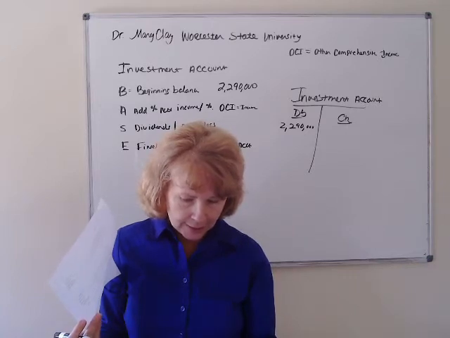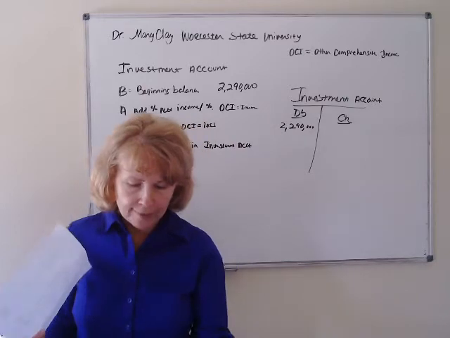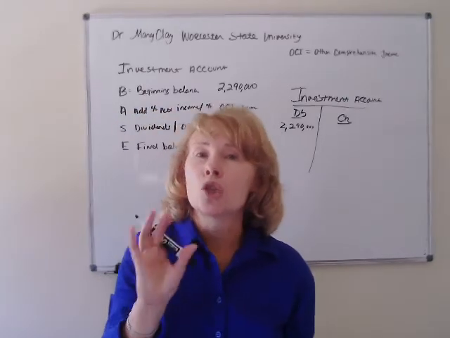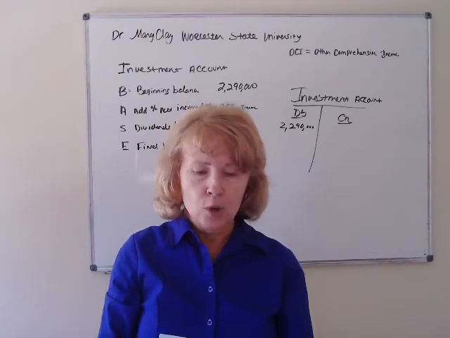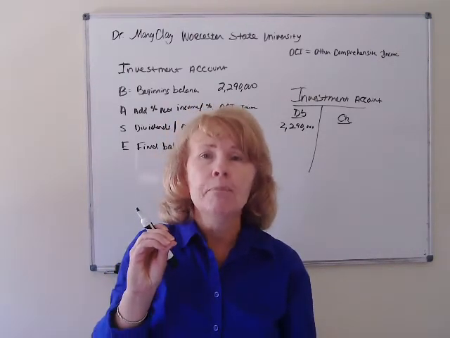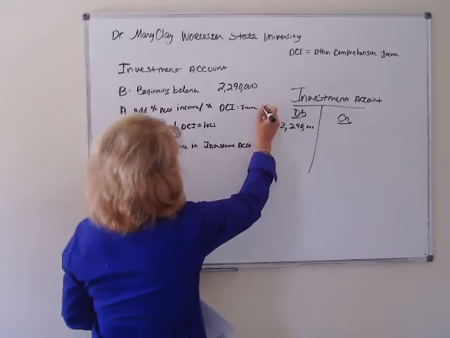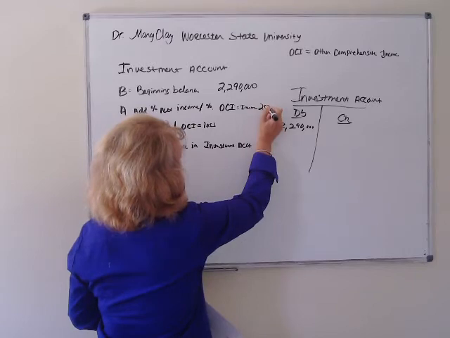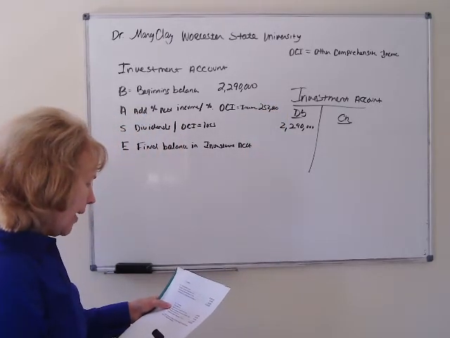Steel reports 720,000 of net income. Stop. They only own 35%. So you're going to take 720,000 and multiply it by 35%. When you do, that gives you 252,000. All right, you will add that.